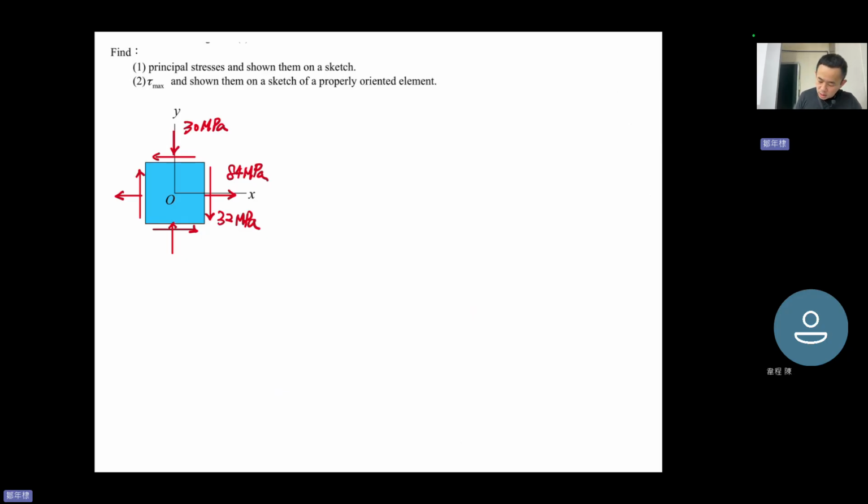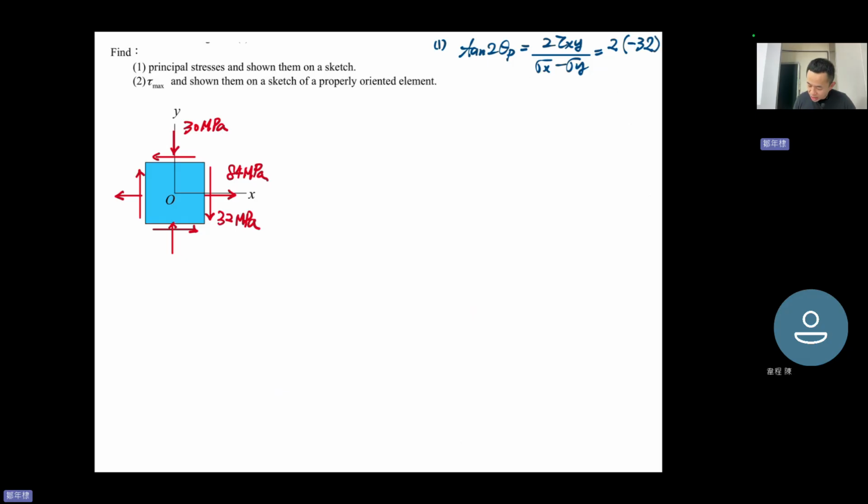So firstly, all we need to do is get the theta p, right? How to get theta p? Tangent of 2 theta p equals 2 tau xy divided by sigma x minus sigma y. So, be careful: 2 times tau xy. What is tau xy in the x direction? 32, but minus 32.